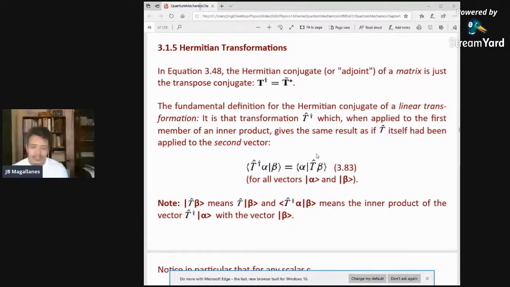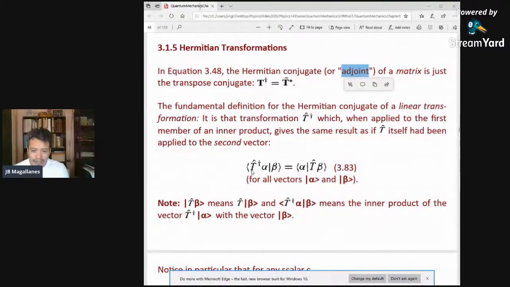The condition is that when the transformation matrix, the matrix representing the transformation, has an adjoint or a Hermitian conjugate, then it must follow this condition.